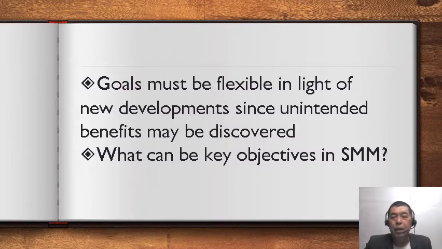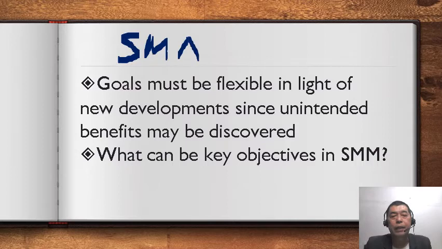What can be key objectives in social media marketing? So, establish your goals. What is your goal? Probably your goal should be specific, measurable, attainable, realistic, and time bound. Same also with your objective. It follows the SMART rule, no? Specific, measurable, attainable, realistic, and time-bound.